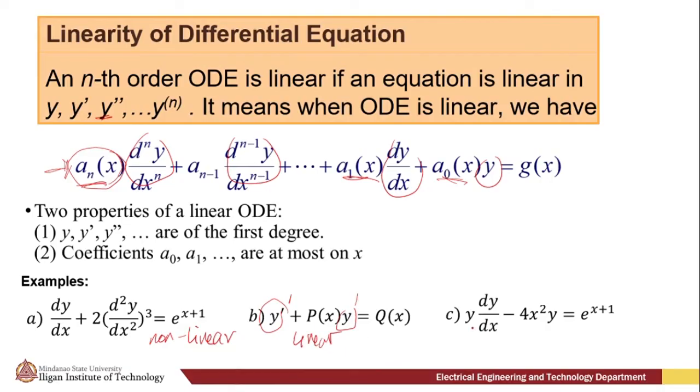For example C, we have y times dy over dx minus 4x squared y equals e raised to x plus 1. If you notice here, our dependent variable is y, so this derivative is on the first degree. Same here for this dependent variable, we are on first degree. But for this example, the coefficient for this derivative is y.